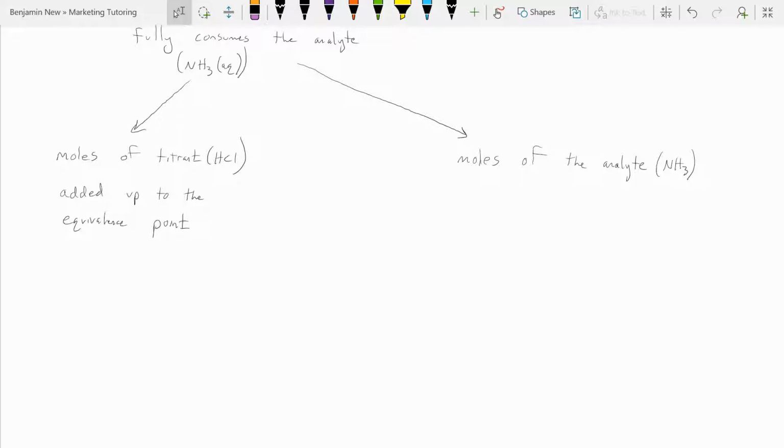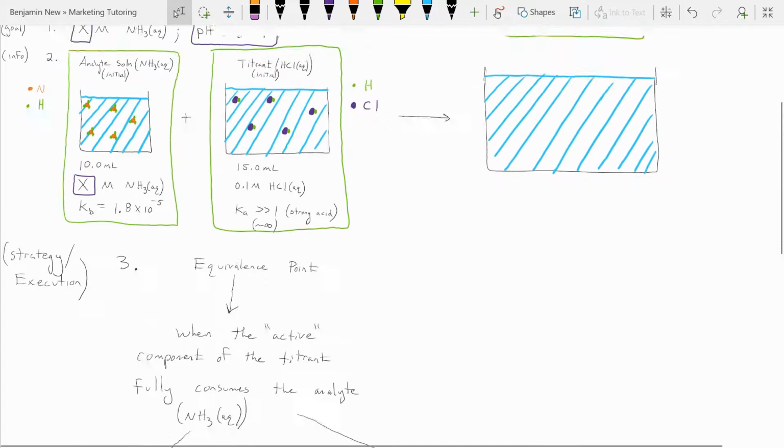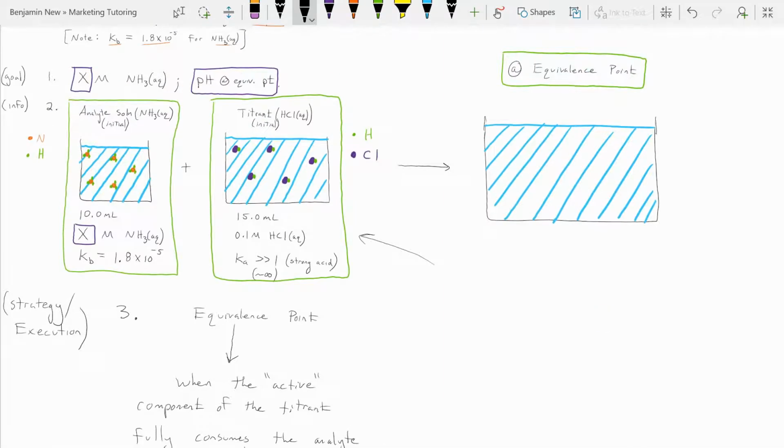Let's calculate the number of moles of the titrant HCl added up to the equivalence point. So if we look at this diagram over here on the right, the titrant, well, if we have 15 mLs and we have a concentration, we can calculate not the number of molecules, but we can calculate more directly the number of moles of HCl.